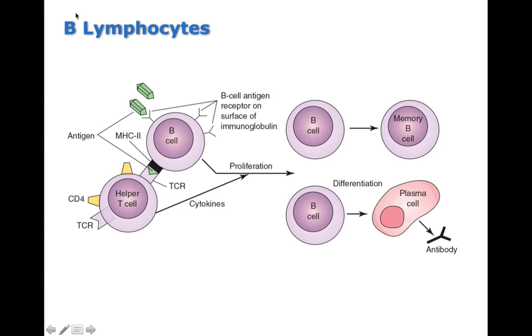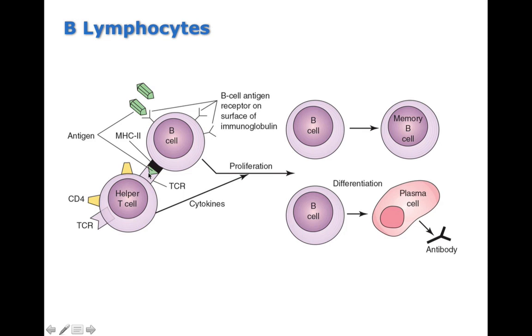What's interesting too is that your B lymphocytes in some ways actually serve as antigen-presenting cells. These B lymphocytes can use their attached antibody to bind to a foreign antigen, right? The antigen is going to bind to that little attached antibody. And then it can present that little piece of the antigen to a T helper cell.